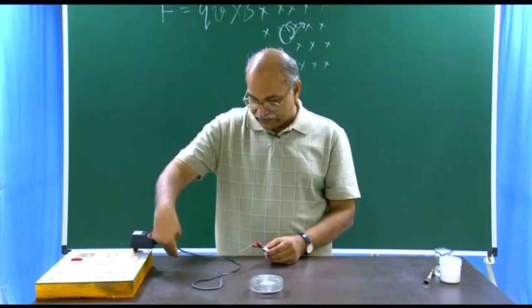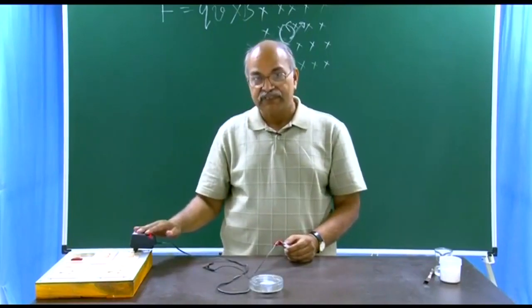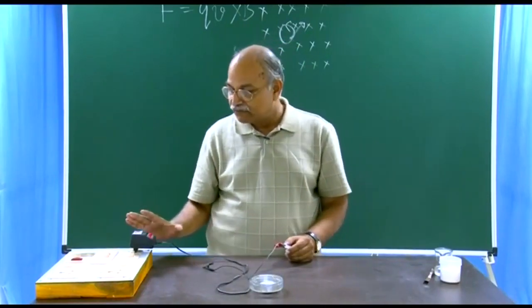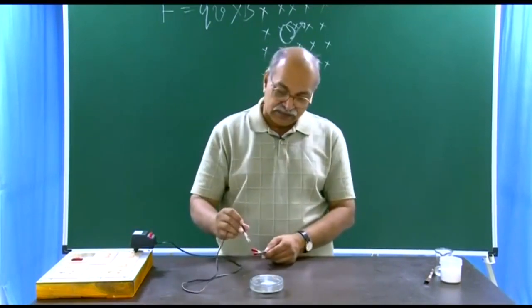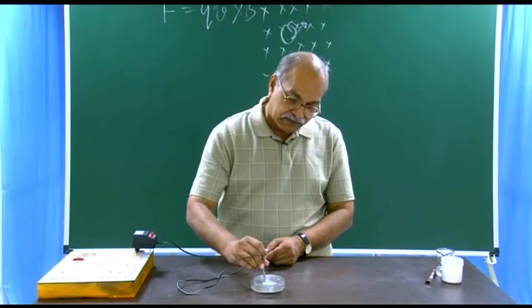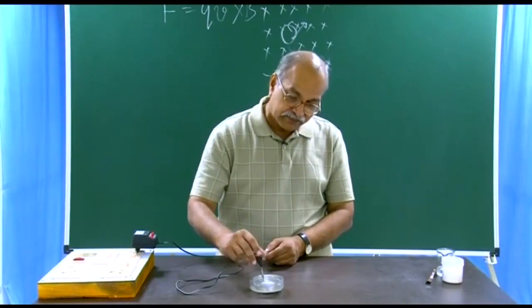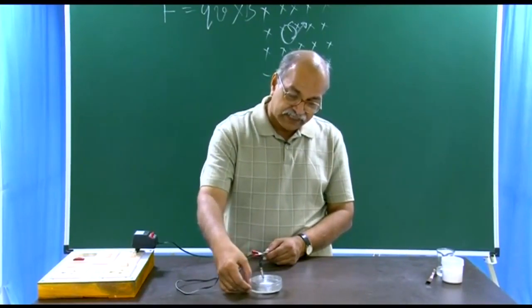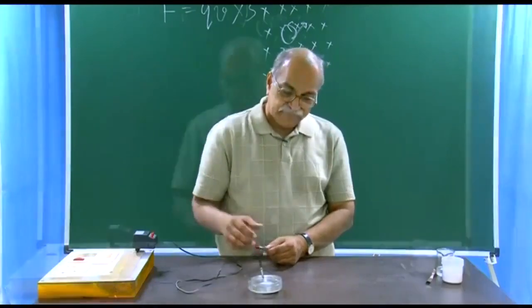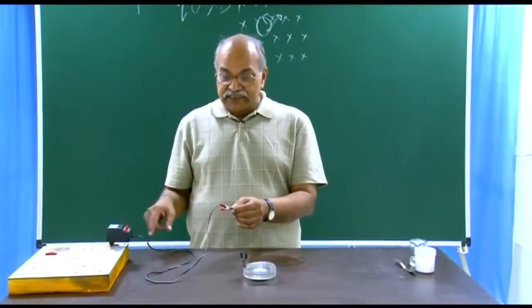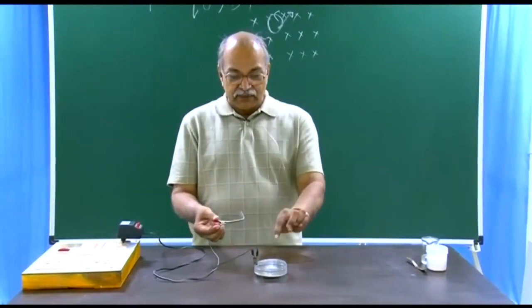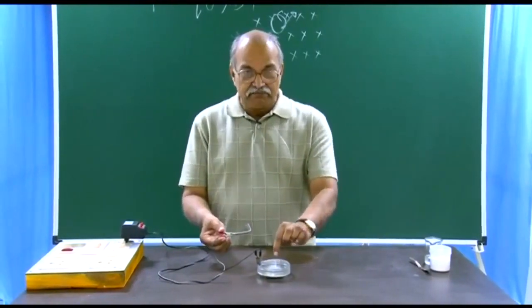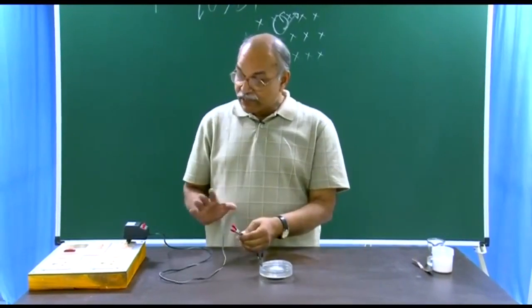I have an adapter which gives me some DC voltage. I connect one end of the adapter to this aluminum ring, and the other end of this adapter is connected to this aluminum plate, which I will be placing at the middle. So, what will happen?